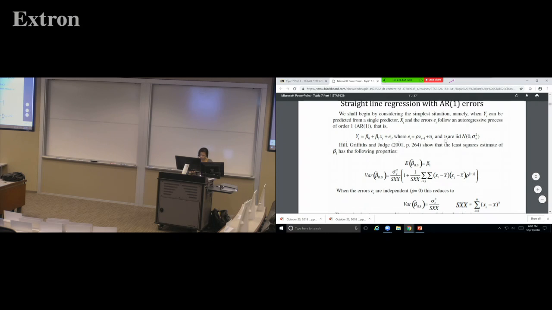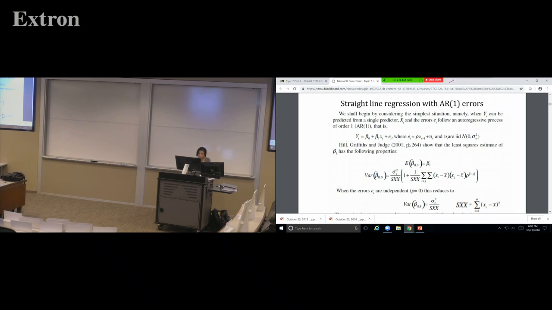The errors themselves follow a simple linear regression model, specifically e_t equaling rho times e_{t-1} plus nu_t, where this rho is called the autocorrelation parameter. The nu term is a new error term that follows the usual assumption of our errors being independently identically distributed, normal 0, sigma squared.